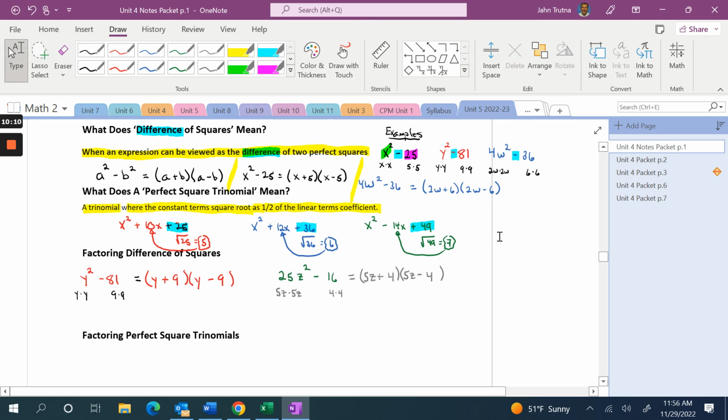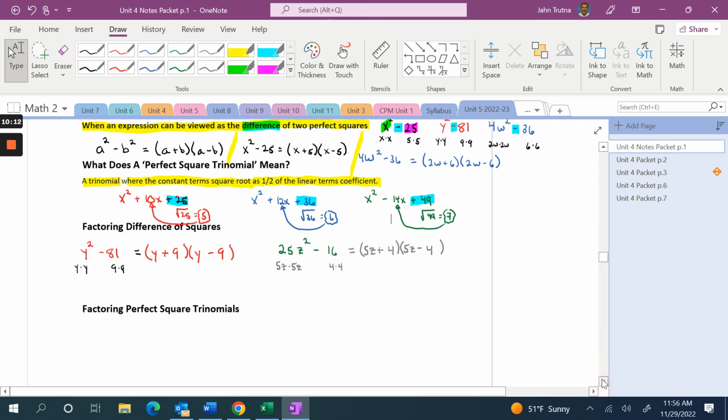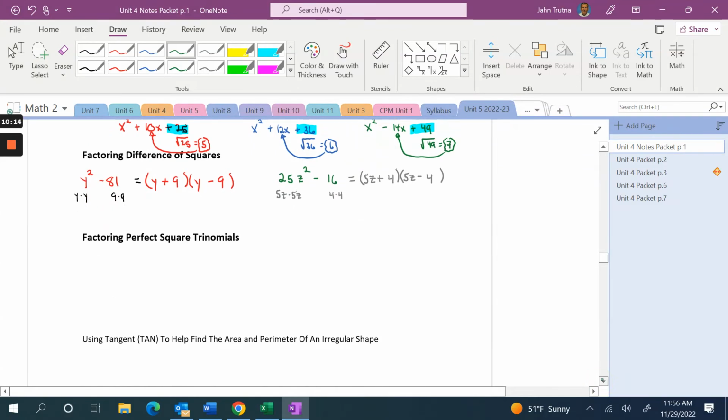Okay, now this can be extremely helpful in the world of math for the sole fact that if you are given a perfect square trinomial like x squared plus 10x plus 25, or the second one that I showed you was x squared plus 12x plus 36, or the third perfect square trinomial that I showed you was x squared minus 14x plus 49.